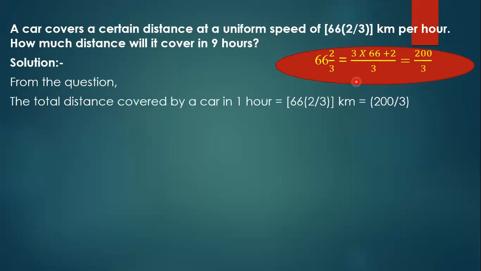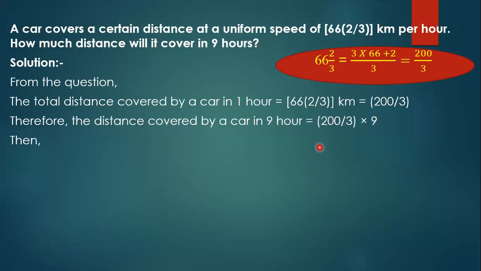Now we will write from the question the total distance covered is 66 2 by 3, which is 200 by 3 kilometer. Now, in 1 hour, per hour means what? 1 hour. They are saying in 1 hour it covers this much distance. So, in 9 hours, how much will it cover? It's simple. If in 1 hour it is this much, in 9 hours it would be 9 multiplied by 200 by 3.